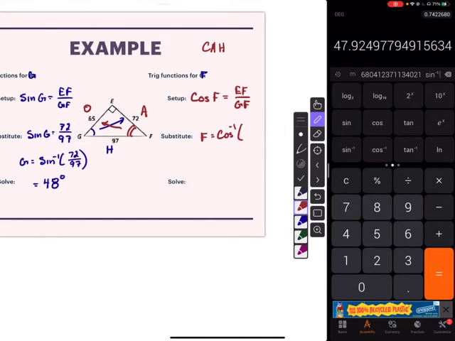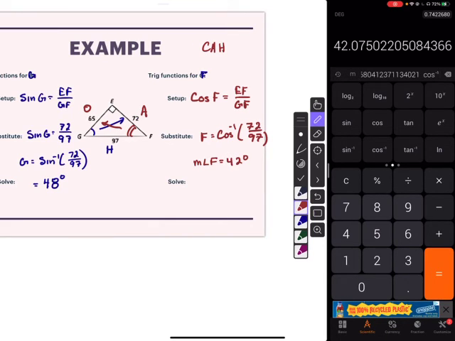Which is adjacent 72, the EF, over the hypotenuse, which is 97. So grab your calculator, and we'll go 72 divided by 97. Then we'll hit the inverse cosine button, and it tells us measure angle F is 42 degrees.